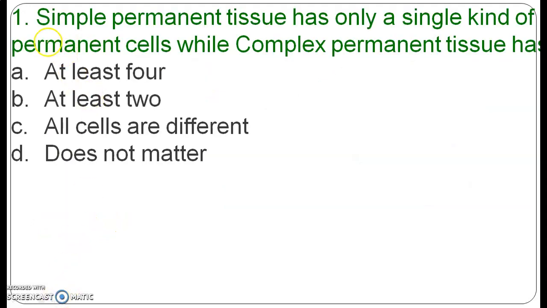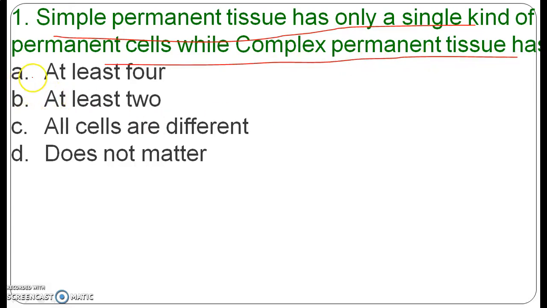The first question is: simple permanent tissue has only one kind of permanent cells, while complex permanent tissue has, and your options are A, at least 4, B, at least 2, C, all cells are different, and D, does not matter. You already know what simple permanent tissue and complex permanent tissue are.